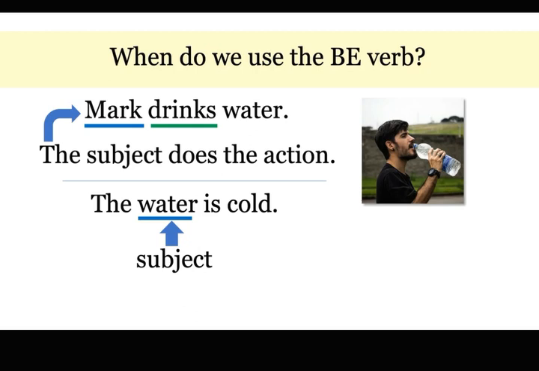This is when we use the be verb in English. We need a verb, but there is no action, so we use the be verb to connect the subject to the rest of the sentence. The water is cold. Is the verb, and we use the be verb to connect to the adjective cold. We need a verb.